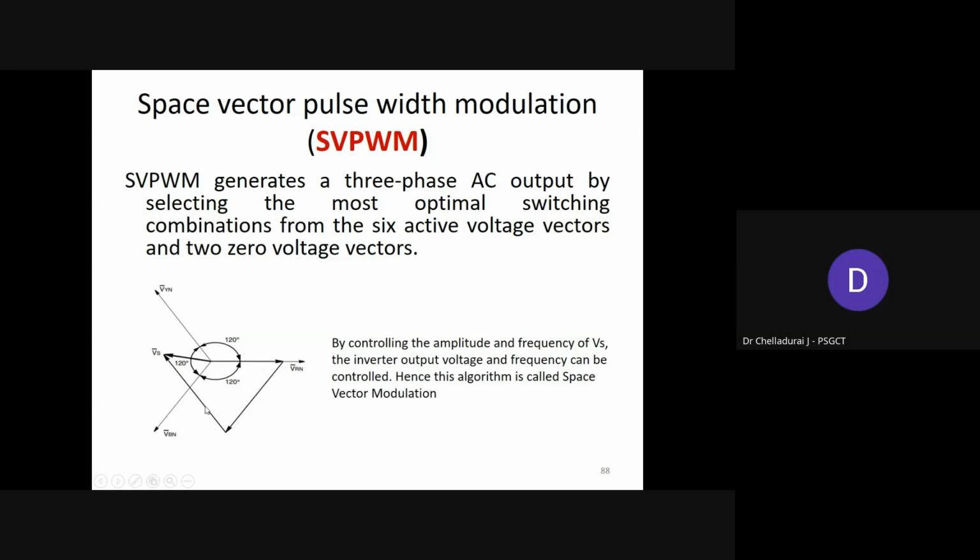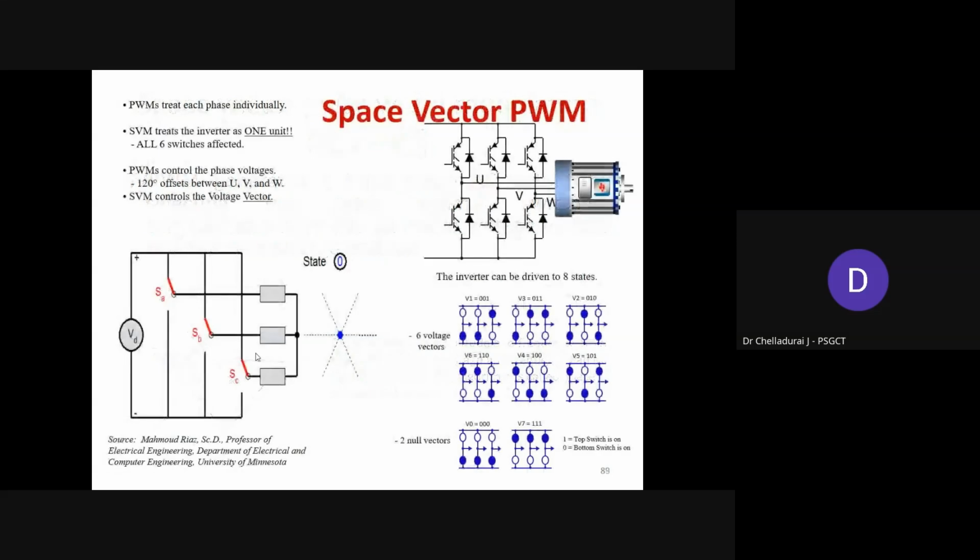In order to get these 3 voltage vectors in the 360 degree period, we have to use the space vector pulse width modulation technique. We can easily understand it by using 6 plus 2, 8 different vectors, with the help of which we can easily analyze the actual output voltage.